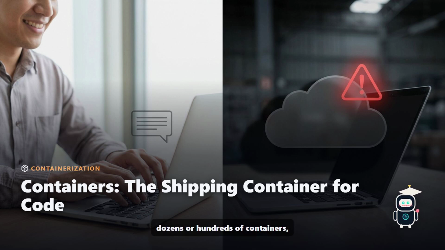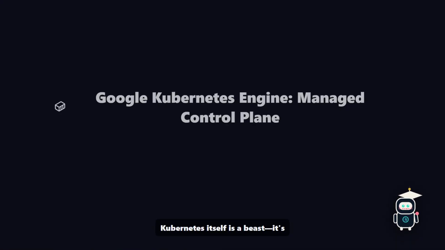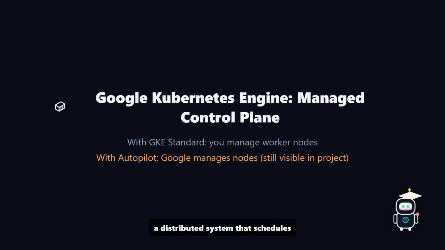But when you start running dozens or hundreds of containers, you need an orchestrator to keep order. That's where Kubernetes comes in. Kubernetes itself is a beast. It's a distributed system that schedules containers across machines, handles failures, and scales. The brain of the whole thing is the control plane. 4 core components.